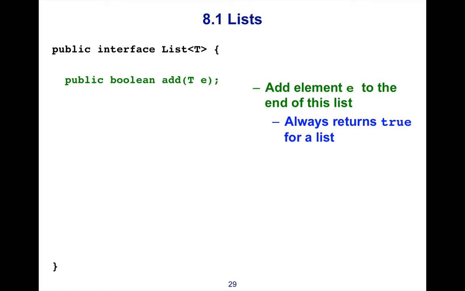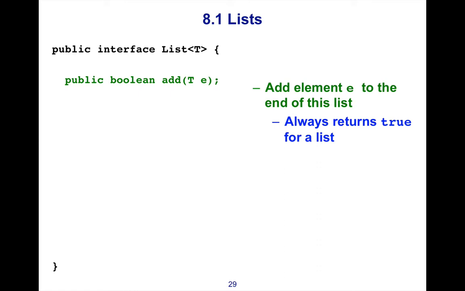Back to the things we decided a list should be able to do, we decided we should be able to add something to a list. So we think about the ability to add something to a list by adding a method called add, A-D-D, and we don't know the type of the thing, but we have a type parameter that allows us to be abstract about that. So the signature is add, and we take in something of type T, and we can give the variable name of the parameter anything we like.